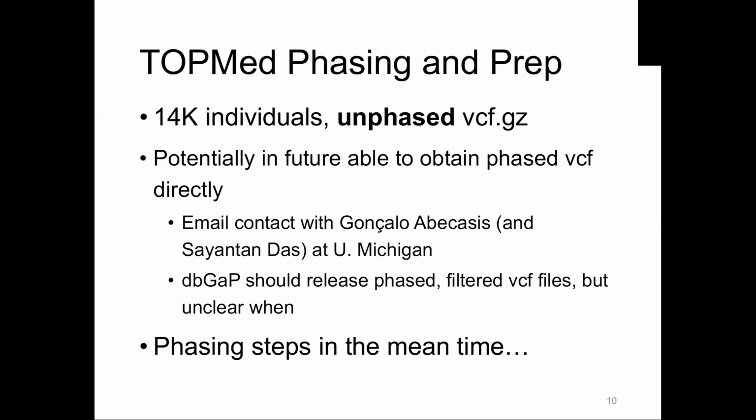Honestly, I don't know how long dbGaP is going to take to get the phased haplotypes, because Gonzalo said that he knows that the data is with them. It's just that they don't have a download link for that. So it's one of those things that if they wanted, they could do it really fast. But if not, yeah. So another point I wanted to make over here.